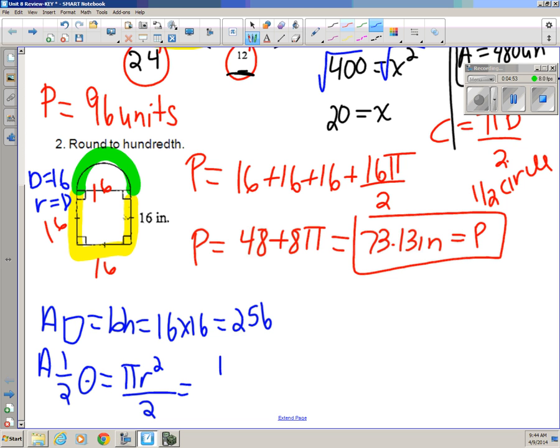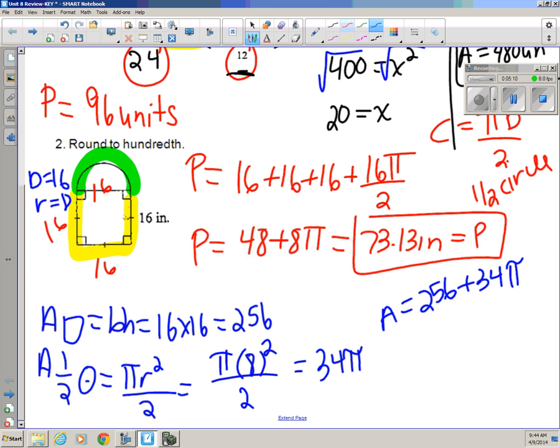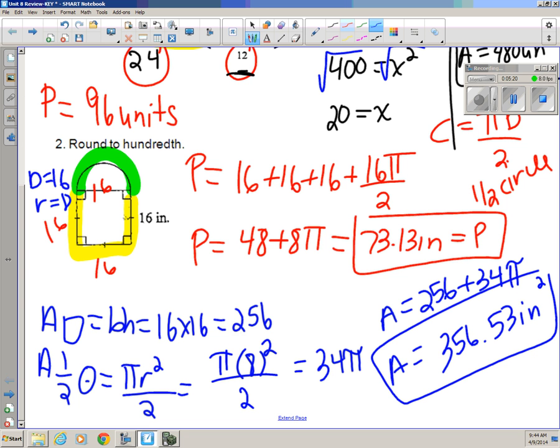So then I do pi 8 squared cut in half, which ends up being 32 pi because 64 pi halved. So then my area is 256 plus 32 pi, and the area comes out to the nearest hundredth, 356.53 inches squared.